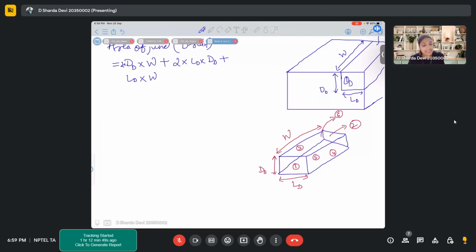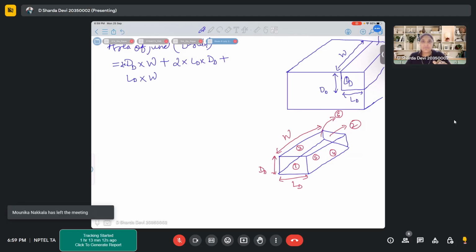Because we have already considered 5 faces till now. All the 5 faces are done. Front, back, both the sides and bottom. What about the top face? Is there any PN junction forming? There won't be any PN junction, right?